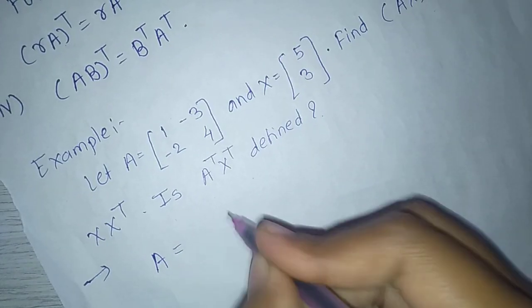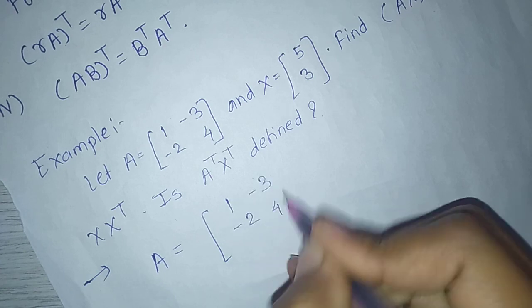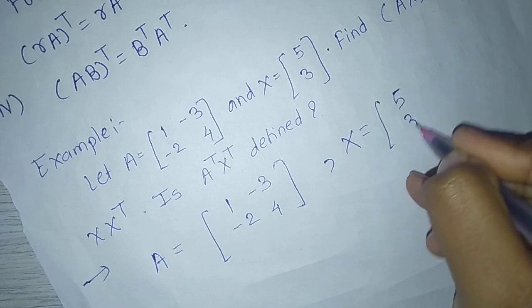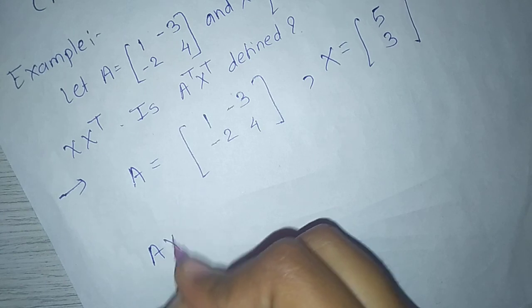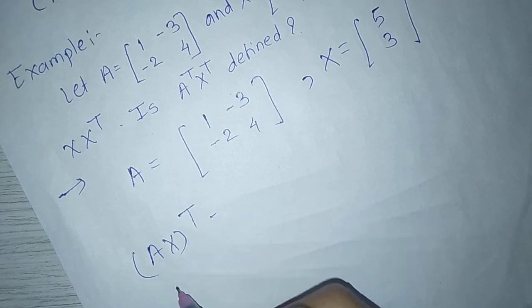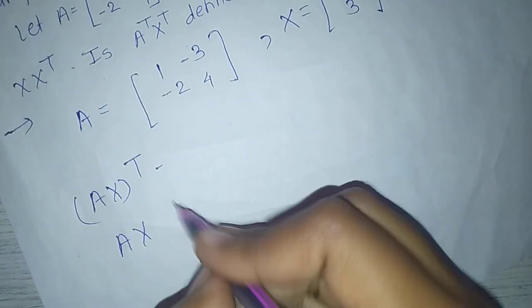First, given A equal to 1, minus 3, minus 2, 4 and x equal to 5, 3. First, calculate A into x whole transpose. First, we have to calculate A into x. Then we calculate A into x transpose.